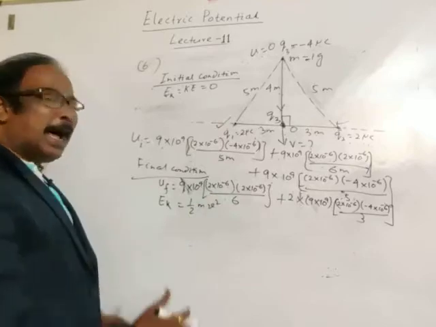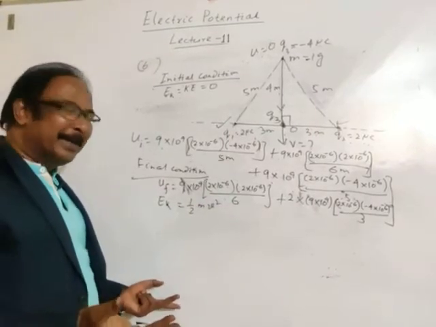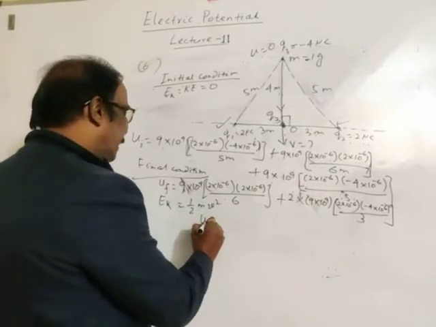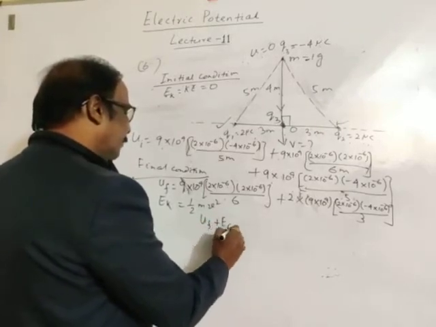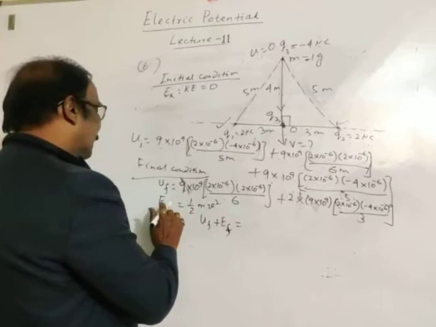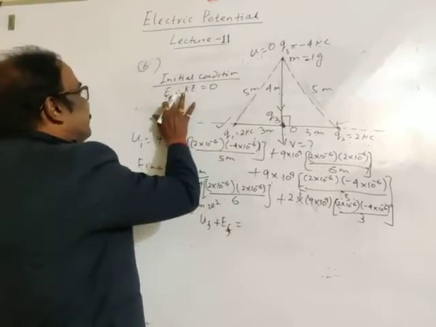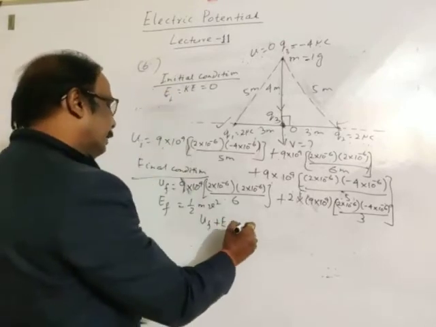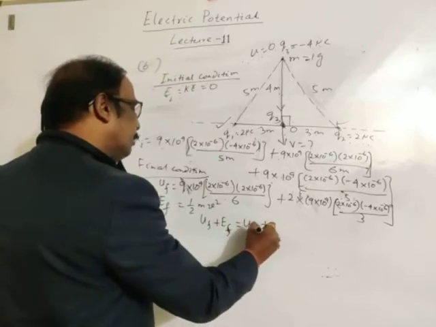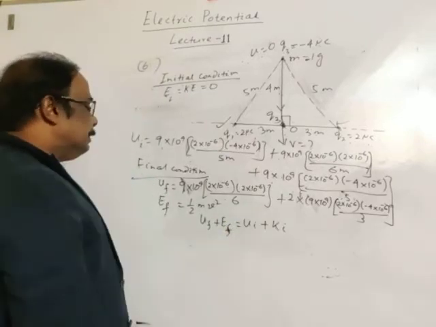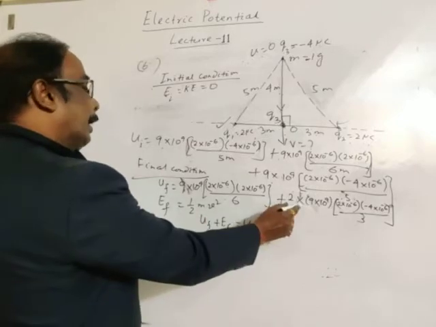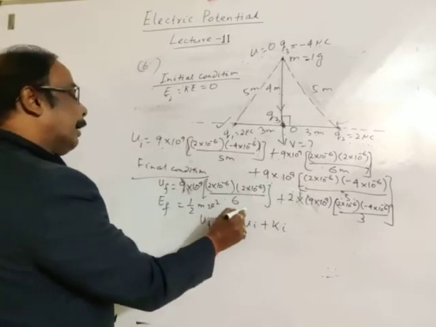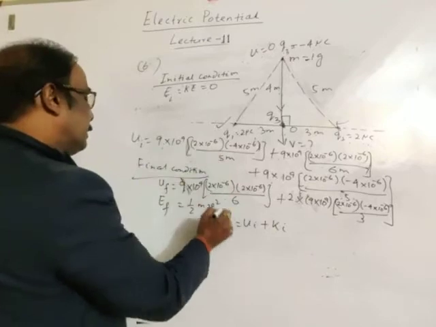Then the final kinetic energy is half mv square. As per the law of conservation of energy, U final plus kinetic energy final, let's take kinetic energy final EF, this is EI, equals U initial plus kinetic energy initial. See, U final minus U initial.